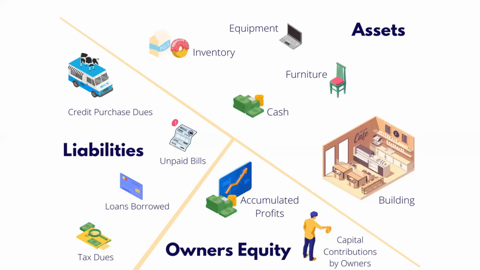Okay, so the definition of assets: an asset is a present economic resource, right? So it's a resource, something that you can use, something that you have, which represents a right that has the potential to produce economic benefits. So that resource is going to help you bring in more money. Your inventory, if you sell it, you're getting money. Hopefully you're making a profit. Your equipment, you're using it in your business and it's going to help you bring money in.